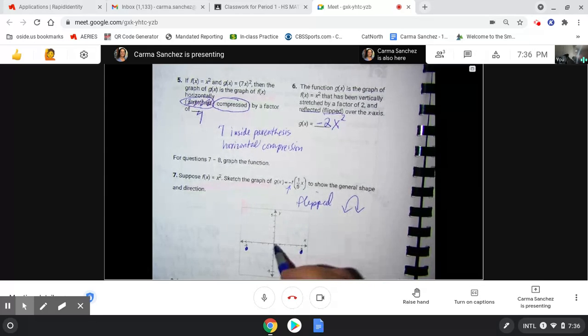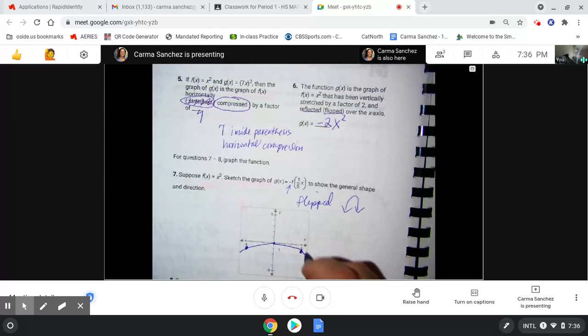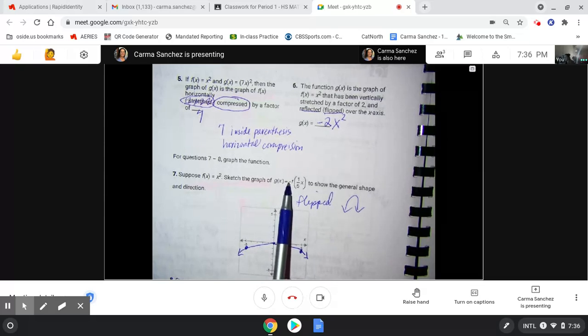So go ahead and show from 0, 0, it going out super wide for this sketch. It's upside down because of the negative, and it's 1/5 of the normal stretch from before. So what was normally out 1, down 1 is out 5, down 1. It's a 5 factor, but it's wider in this case.